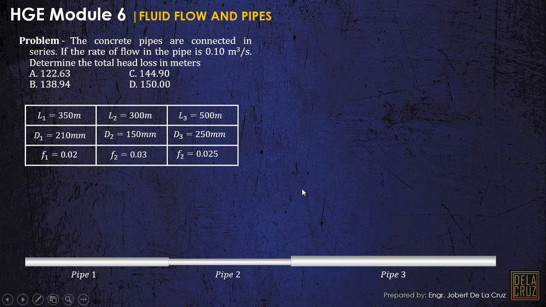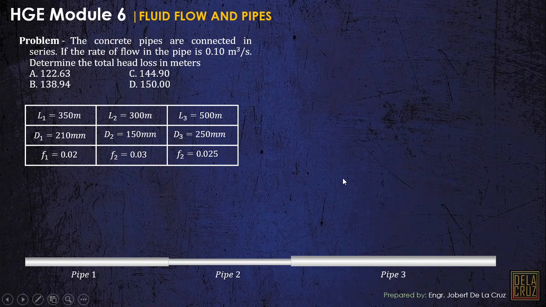The data of each pipe are tabulated here. L corresponds to the length, D corresponds to the diameter, and F corresponds to the friction factor. The subscripts denote pipe 1, pipe 2, and pipe 3.